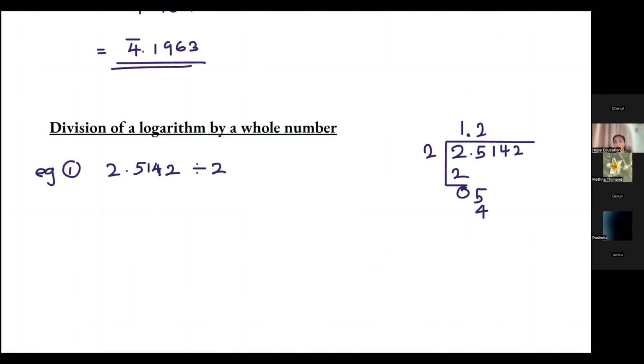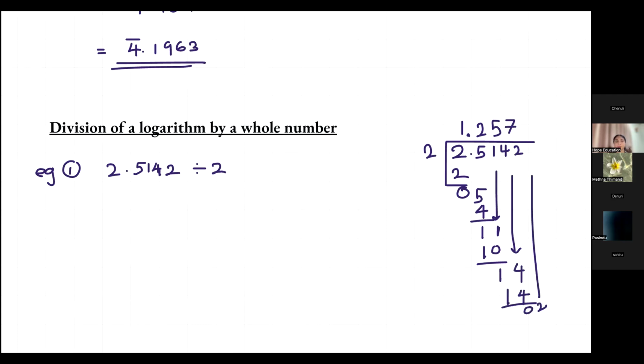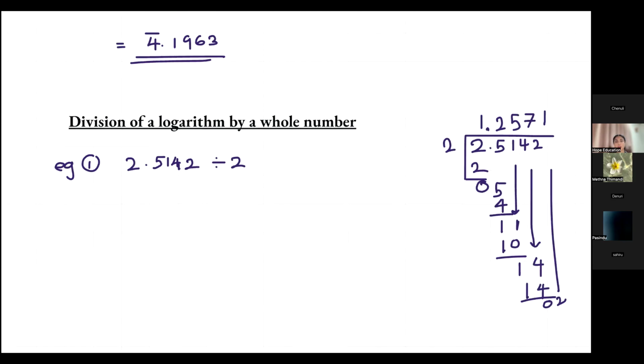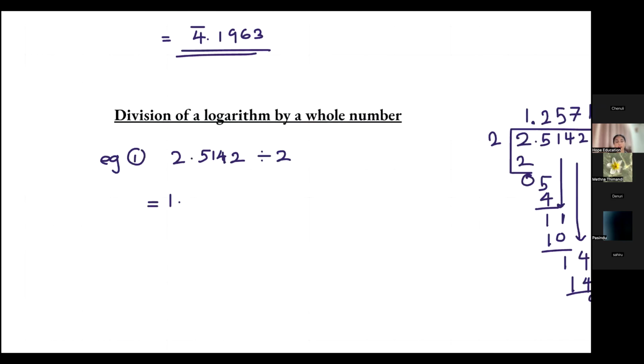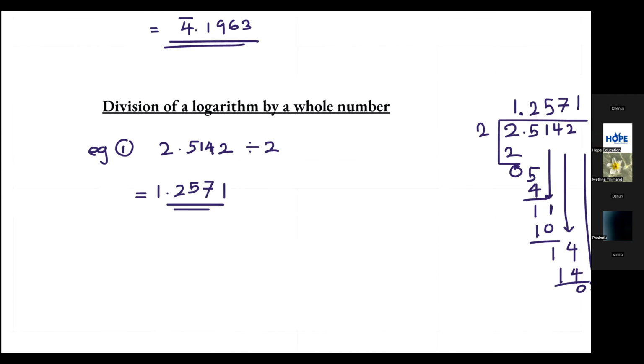I bring this 1 down. 2 times 5 is 10, 1 remaining. I bring this 4 down. 2 times 7 is 14, 0 remaining. I bring this 2 down. 2 times 1 is 2. So we get the answer as 1.257. That's just a very normal division, just like how you would divide a normal number.